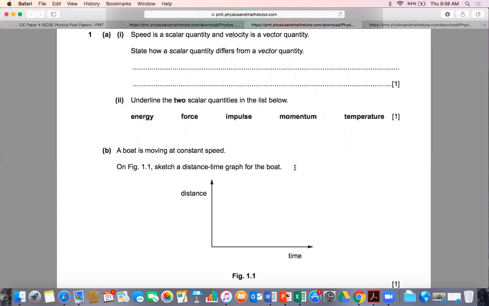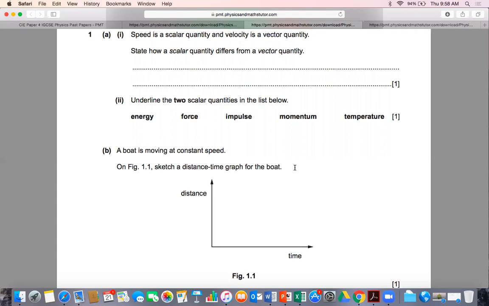So the scalar quantities are energy and temperature. Scalar quantity has no direction. Vector quantity has magnitude and direction.